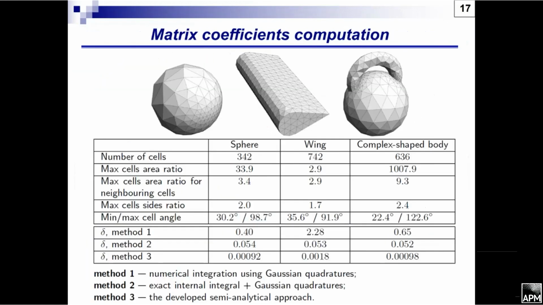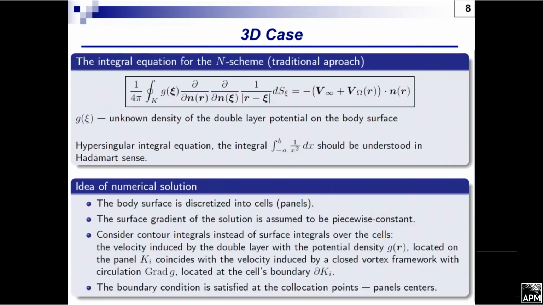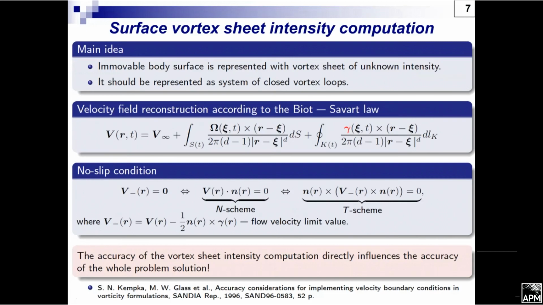But if something is declared, it should be explained. So it's very good. And the question: does this T scheme solve a steady state or an unsteady state problem? Which problem is under consideration?